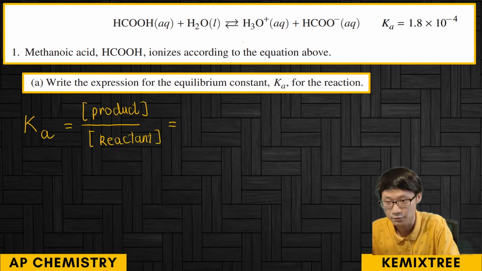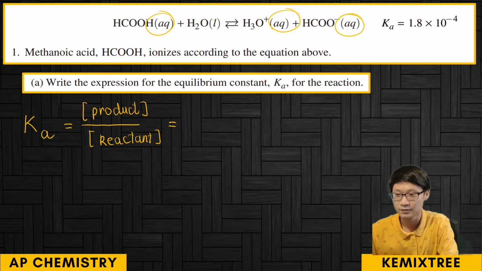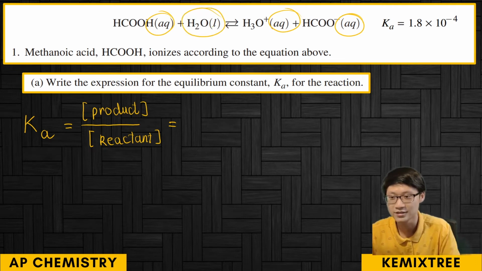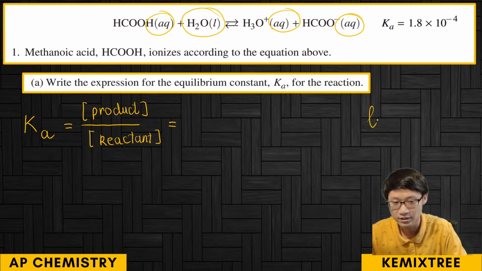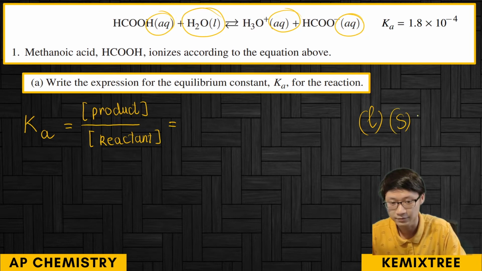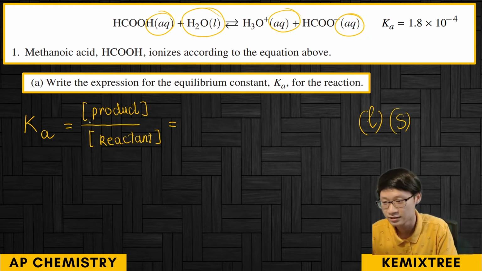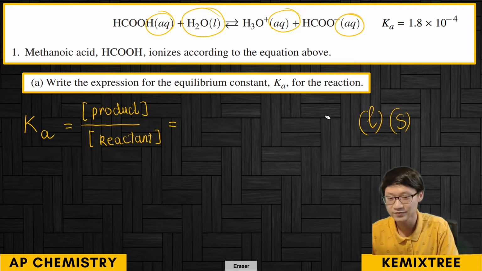We have to be careful because they are in different states. In the reaction, they are aqueous, except the water, which is in the liquid state. Everything listed in the liquid or solid state should not be written in the expression for the equilibrium constant.